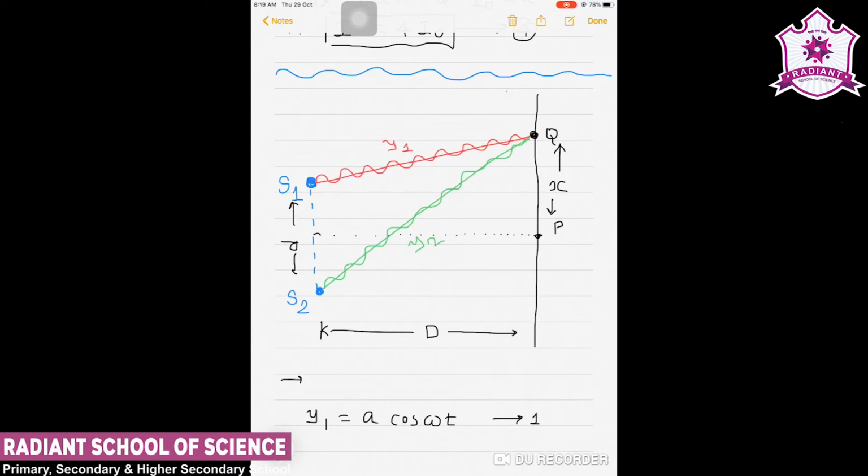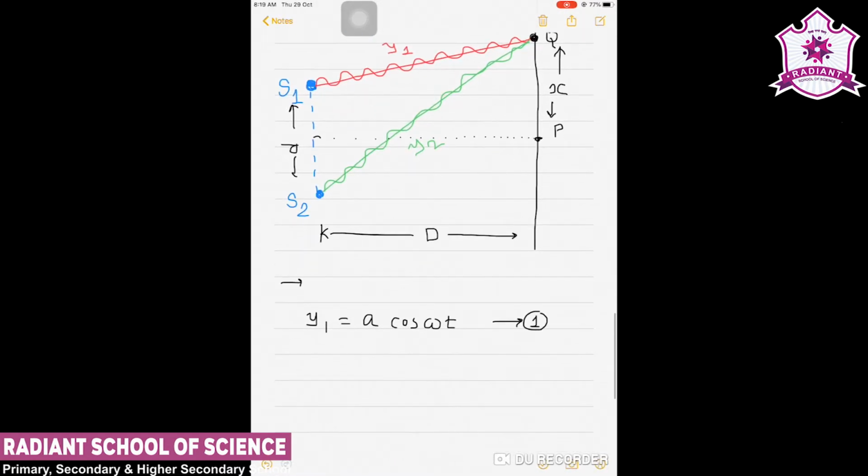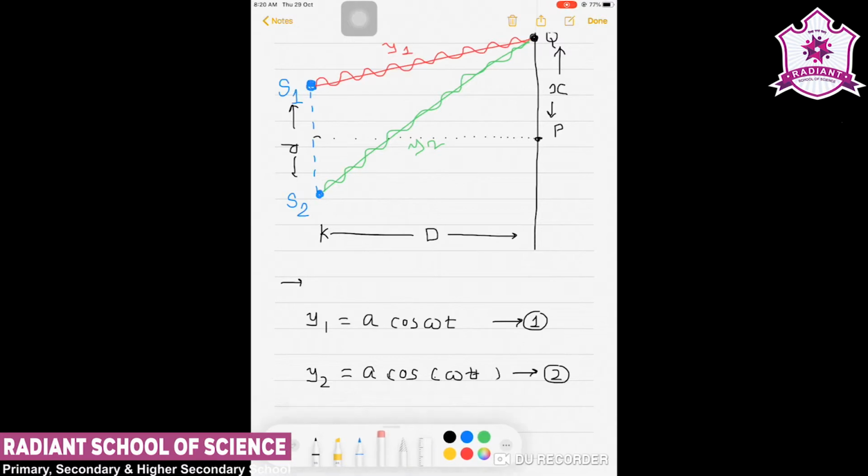So this will be your equation 1, in which y1 is a wave emerging from source S1 and going to Q. In the same way, the wave emerging from source 2 is indicated by a cos(omega t plus phi), where phi is the phase difference between these two waves. So omega t plus phi is the phase difference term, and the two waves have a phase difference of phi with respect to each other.